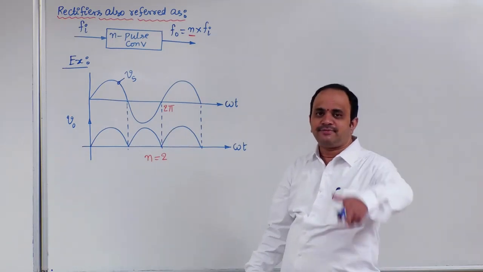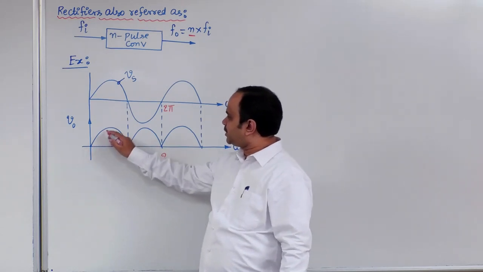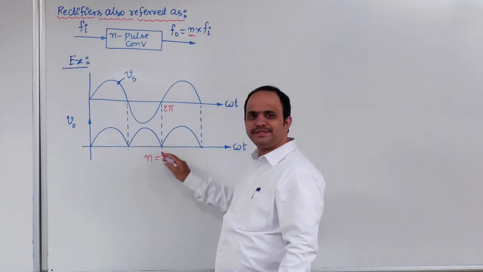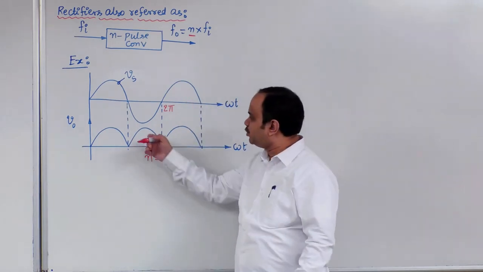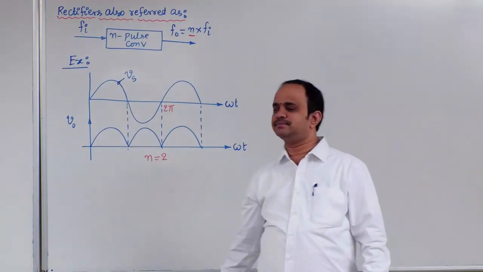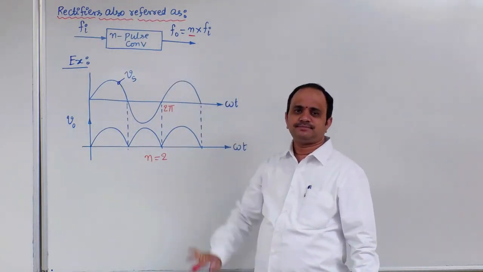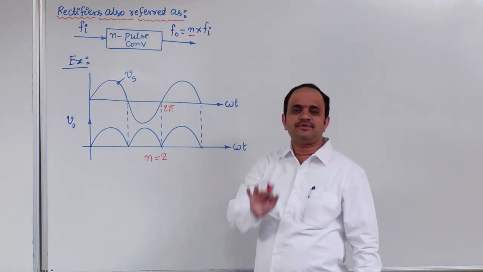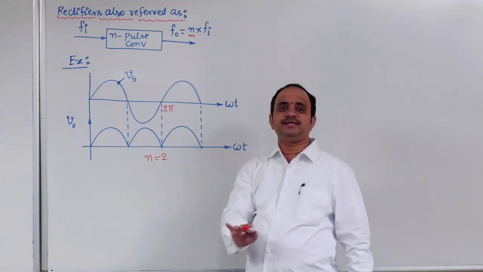Now if you recollect from our earlier discussion, we told that this particular V0 waveform is a DC. However, it has a ripple component. It is not a pure DC. Remember carefully, at the first stage of rectification, the output voltage of any rectifier circuit is not a pure DC.